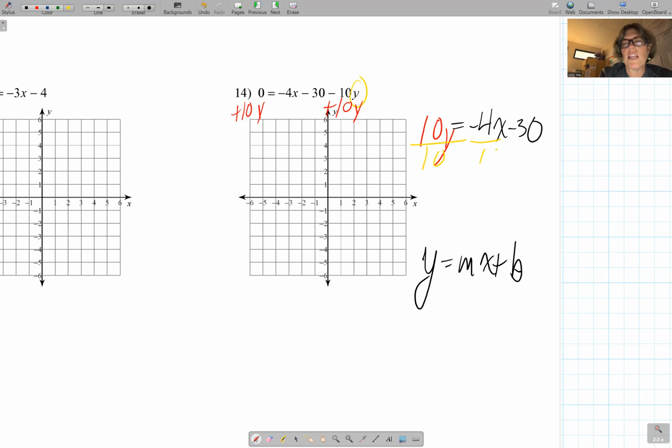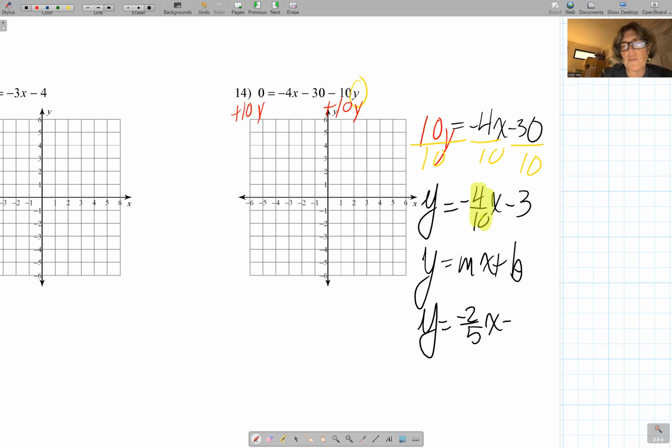I'm going to get rid of that 10. I have y equals negative 4 over 10x minus 3. And of course, you want to get to the lowest simplified ratio, y equals negative 2/5 x minus 3.